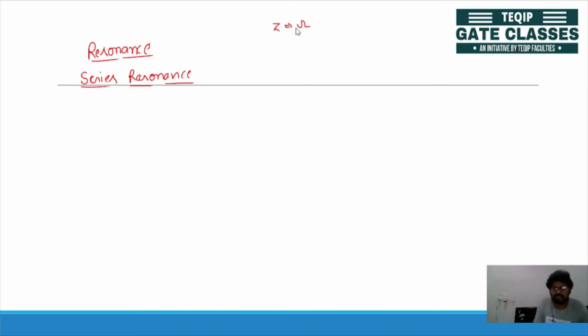In resistor circuit, Z is R. In RL circuit, the impedance was R plus jXL, and in capacitive circuit, मतलब RC circuit, the impedance was R minus jXC. Okay, so one term is also here that is called admittance, and it is a reciprocal of Z. Okay, so reciprocal of impedance is admittance, and the unit is mho or Siemens.